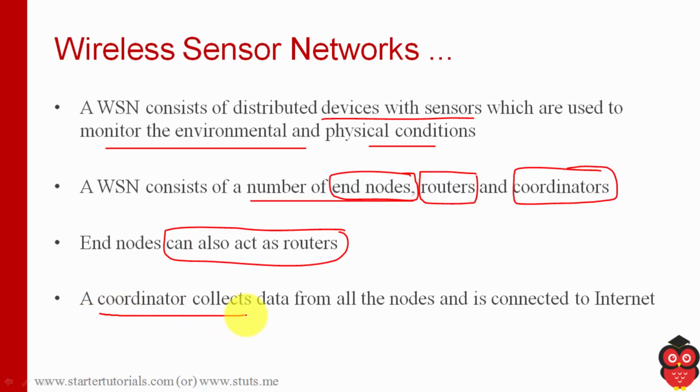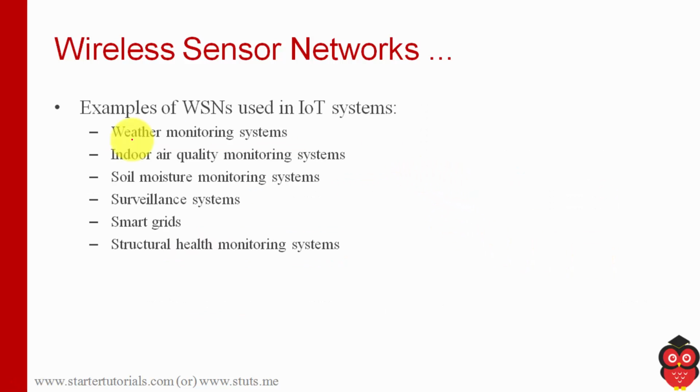The task of a coordinator is to collect data from all the nodes and send that data to the internet. Wireless sensor networks can be used in weather monitoring systems, indoor air quality monitoring systems, soil moisture monitoring systems, surveillance systems, smart grids, structural health monitoring systems.